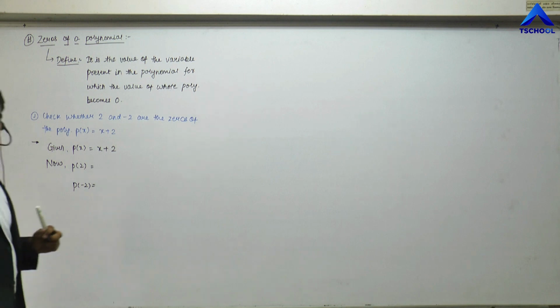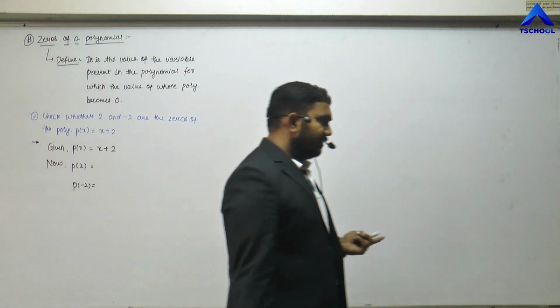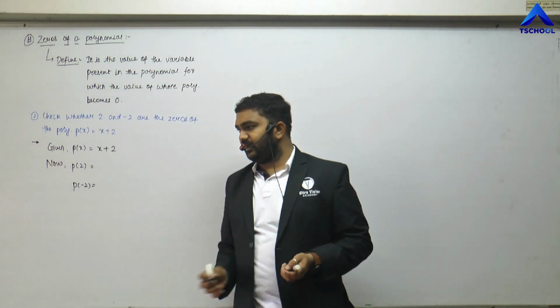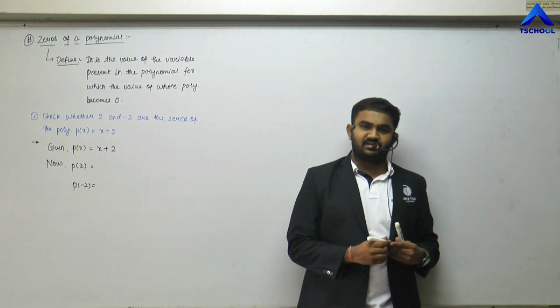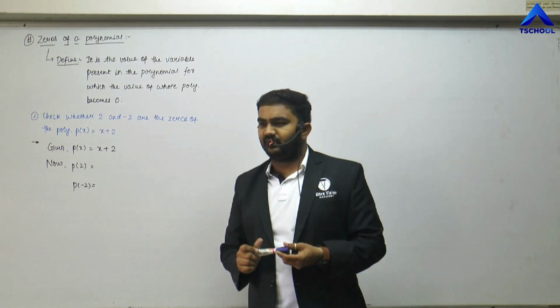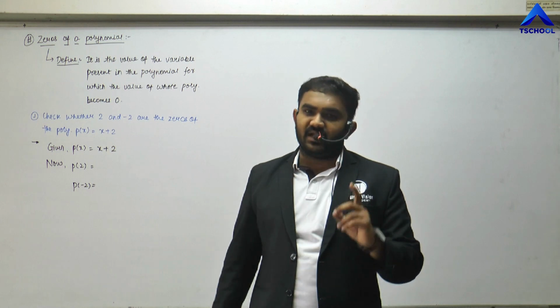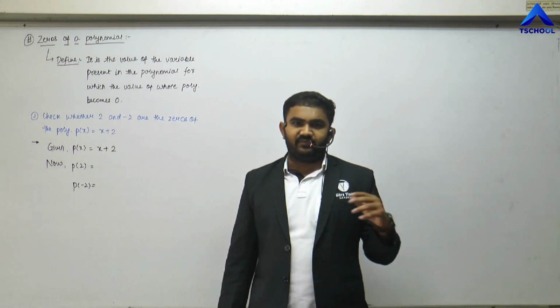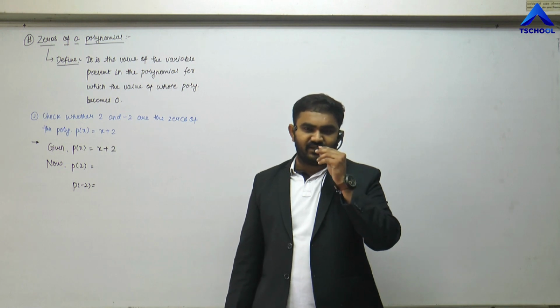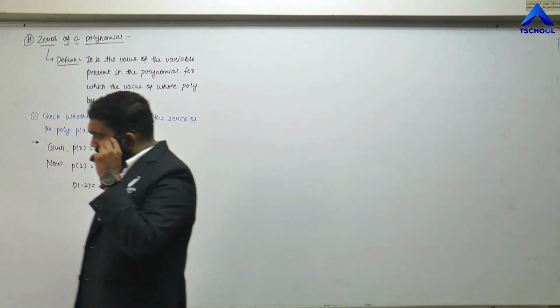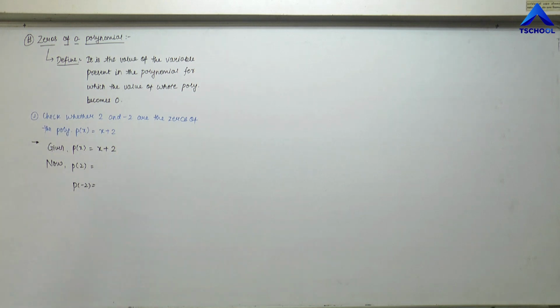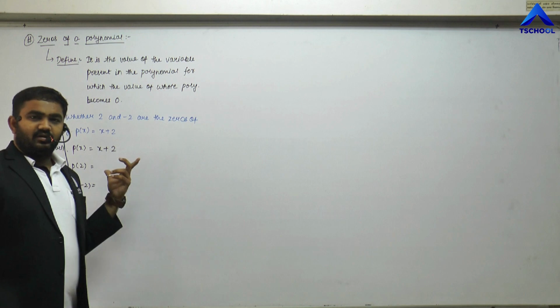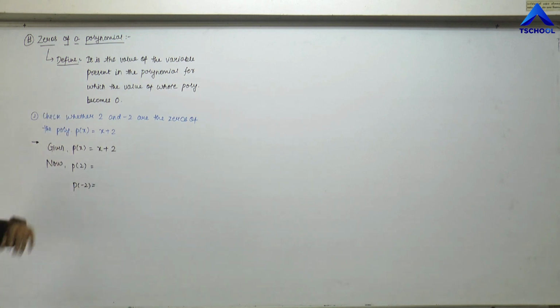Right. So friends, see, the previous topic, finding out the values of the given polynomial at the given values of the variables, that was not in vain, because that is helpful in checking whether the given values are the zeros of the given polynomial or not.